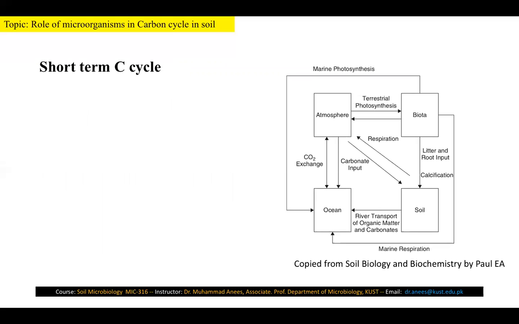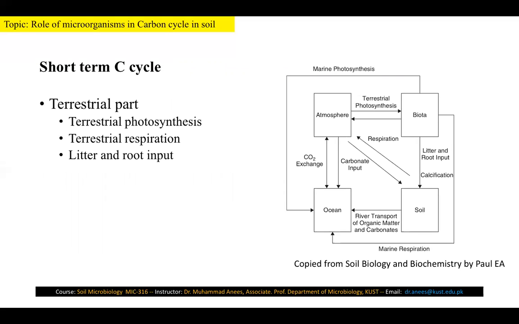So, as we discussed, the short-term carbon cycle involves basically photosynthesis and respiration. Photosynthesis fixes carbon dioxide, and respiration returns it back to the atmosphere. So the short-term carbon cycle operates on land as well as in waters.